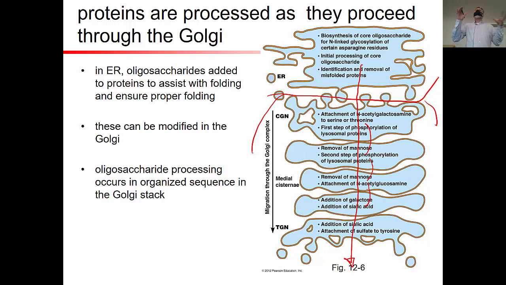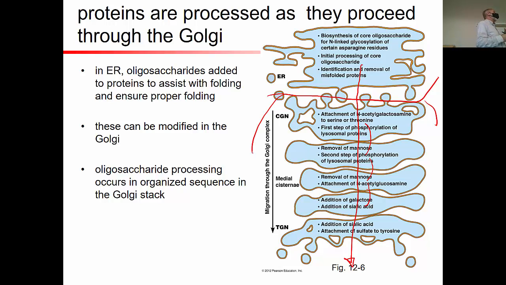That big N-linked clump of sugars can be modified here, but N-linked glycosylation can't occur here. So the N-link has to be started in the ER. There's some modification in the ER, but further modification can occur in the Golgi.